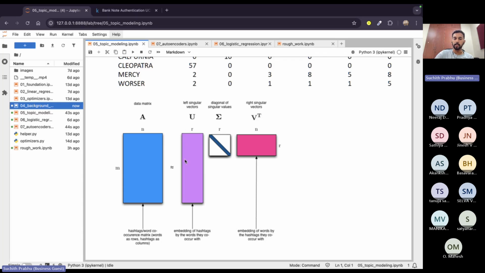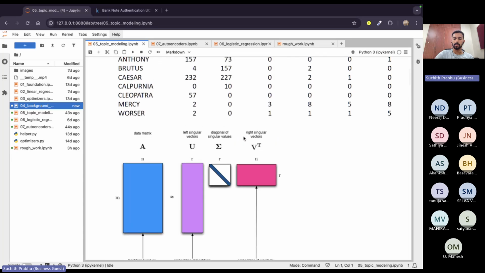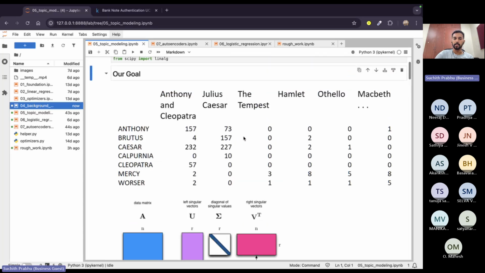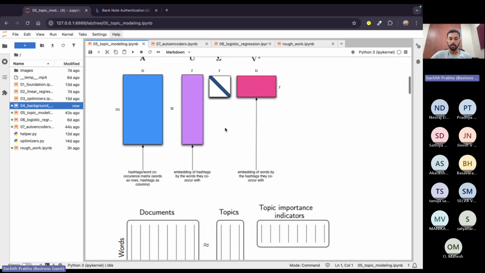To get an idea of what this topic represents, we'll look at the V transpose matrix and look at the words which contribute highly to this particular topic and get a sense of this. So this is an application to model which topics are present in the documents in this corpus.